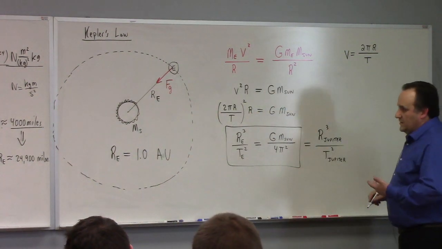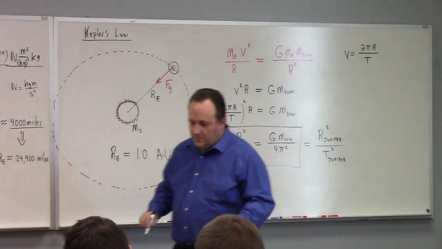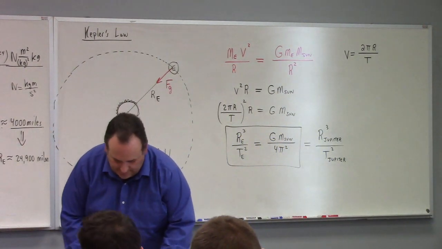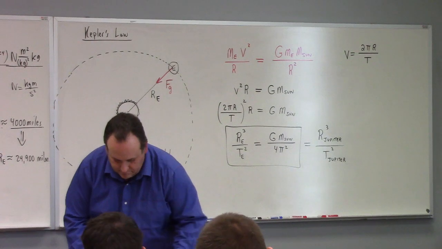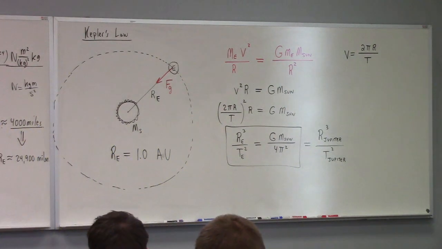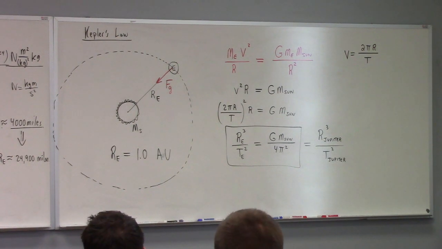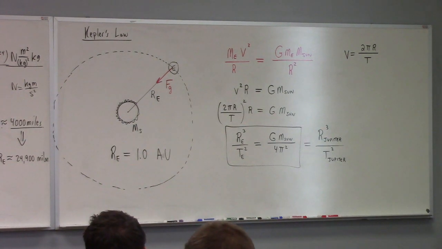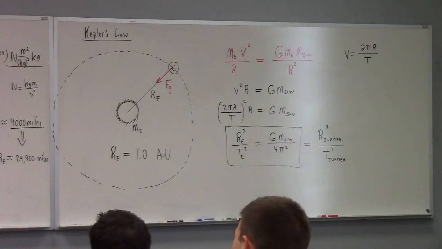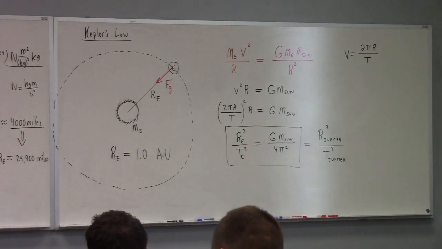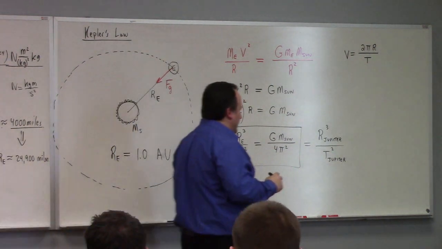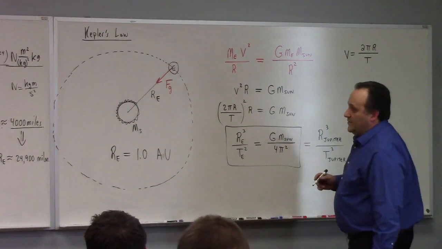So here's an example we could do. If we knew, for example, either the radius or the period of Jupiter's orbit, we could figure out whatever we're missing. It turns out that you can measure Jupiter's mean orbital radius is about 5.20 astronomical units. So, what example am I on here?